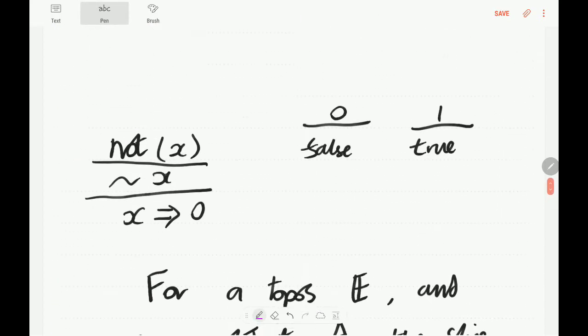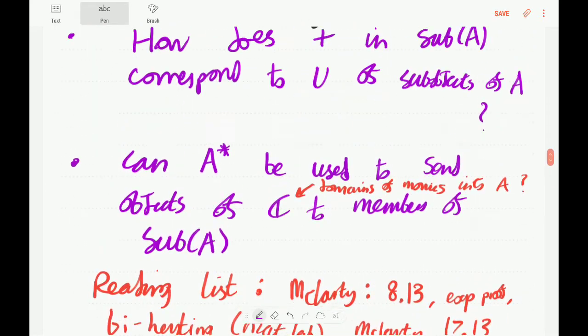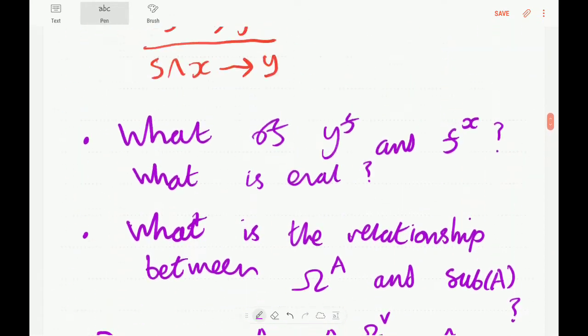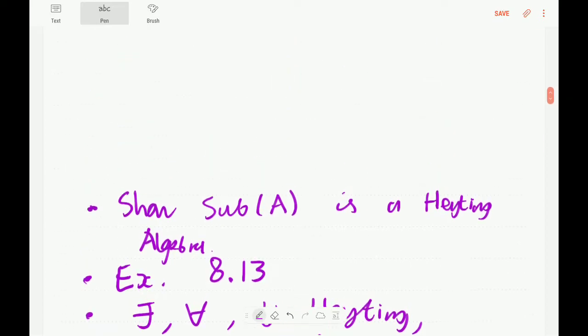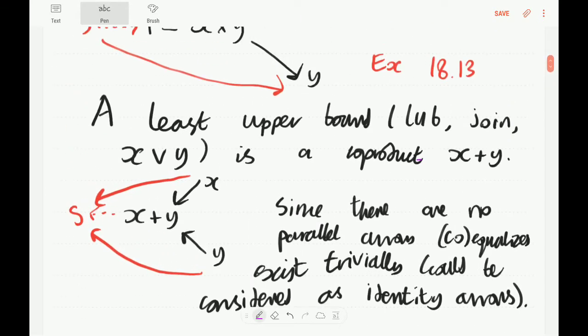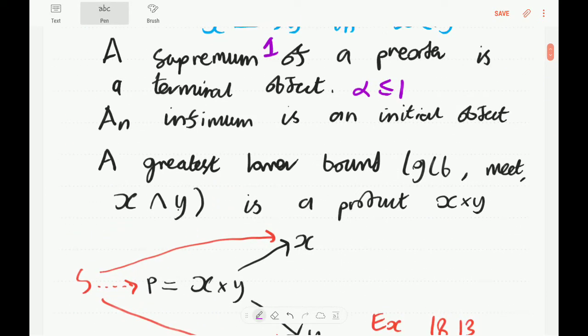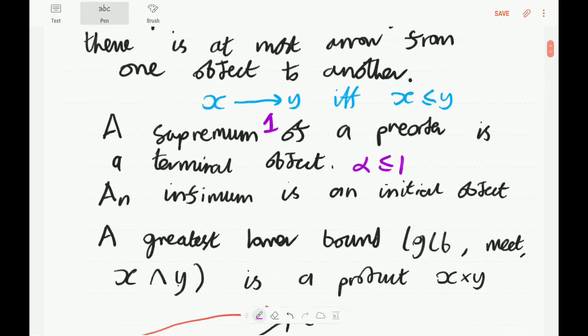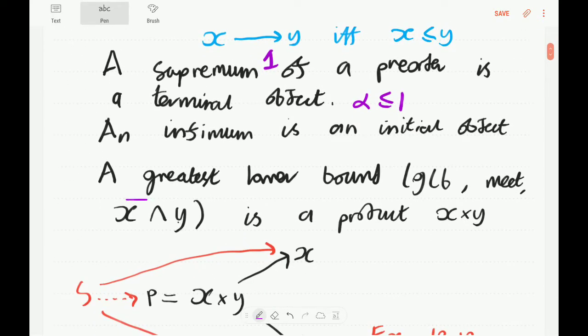So what does it mean? Well, basically, the AND operation in Sub A is exactly the product operation.